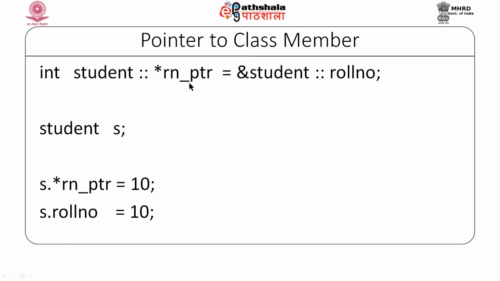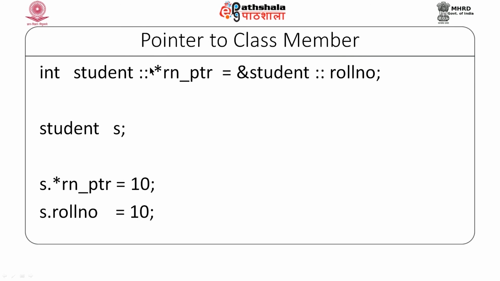Now, whenever we define a pointer variable, we need to define what kind of value it is going to point to. Since we want to define a pointer to point to roll number and the roll number is an integer value, this RNPTR is being defined as a pointer to integer, but it cannot point to any integer, it can only point to an integer data member of the student class.